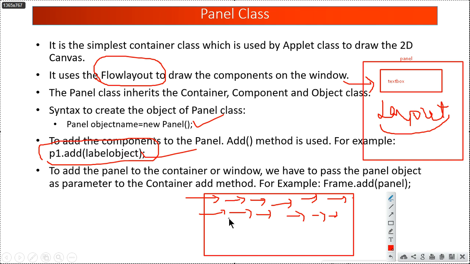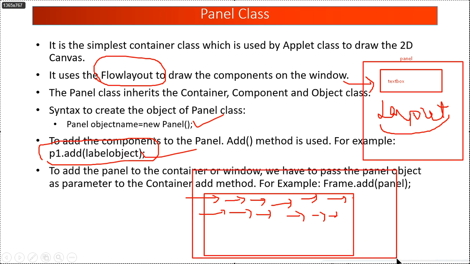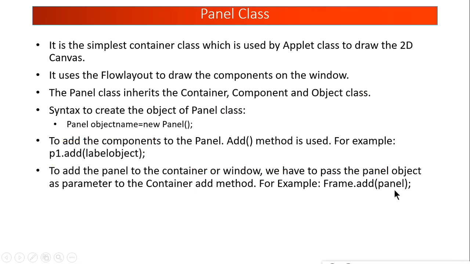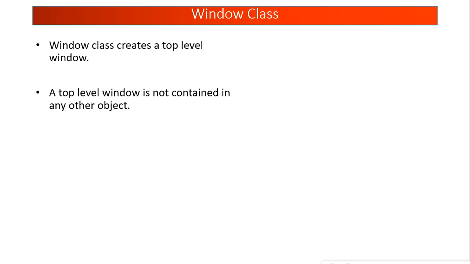Now this panel must be added in some kind of a frame, so you need a parent box for the panel. This parent box can be created using the frame class as you see here. We will be using this in the upcoming videos, but today we will not focus on the panel class. We'll focus on the window class.